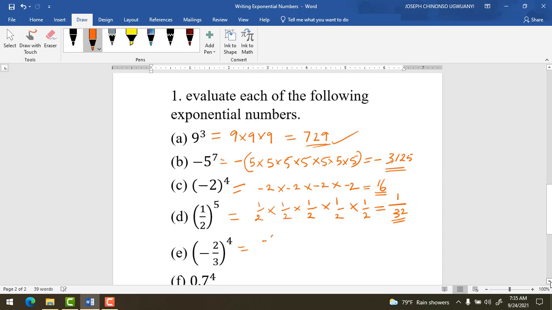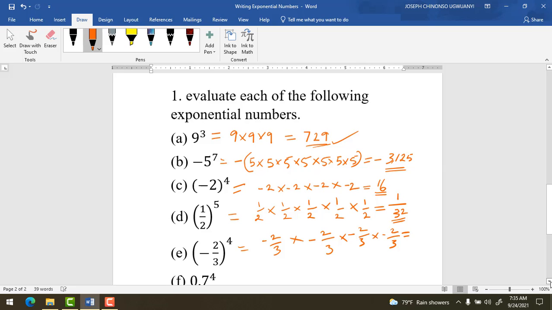We say minus 2 over 3 times minus 2 over 3 times minus 2 over 3 times minus 2 over 3. Of course, here you have an even number, so the total multiplication is going to give you a positive.